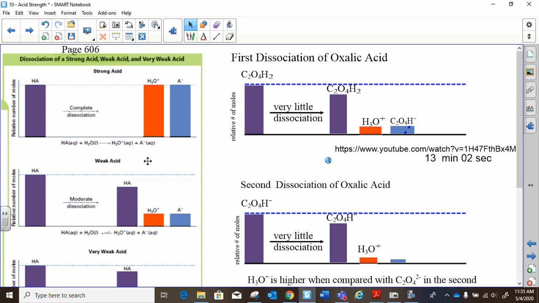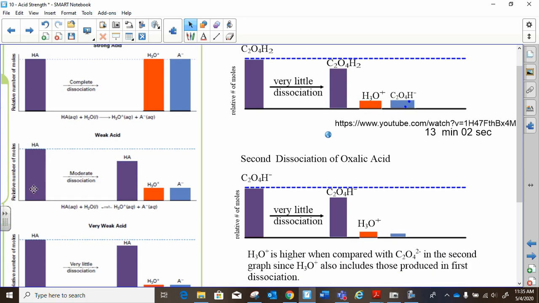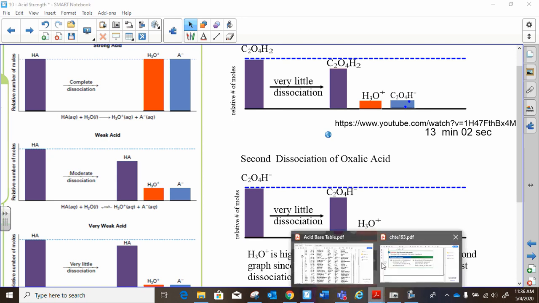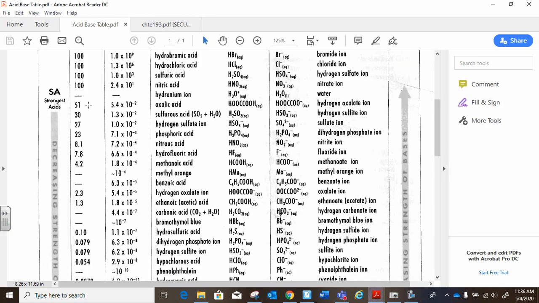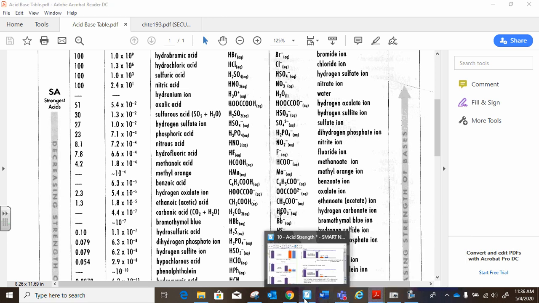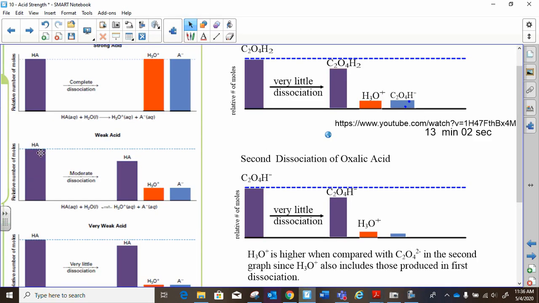It's a quantitative reaction. Now, let's look at the weak acid. Again, let's say you have 100 red and blue pieces together. When you put them in water, not all of them break apart. It's a weak acid. So when you look on your table, a weak acid is somewhere in between here, 50, 30, 27, 23. Those are weak acids, percent ionized. So let's just say it's about 30%. So what that means is out of 100, only 30 of those molecules are going to break apart.